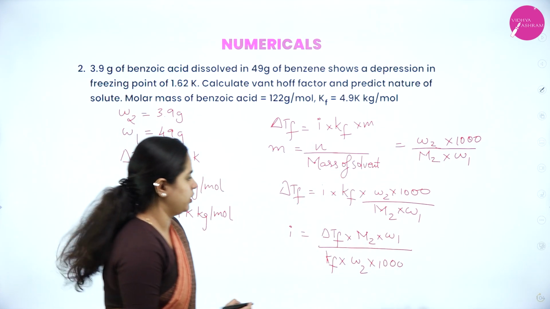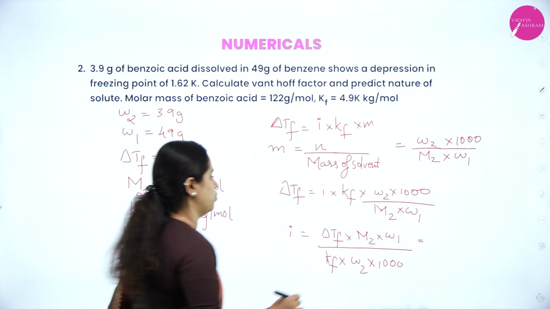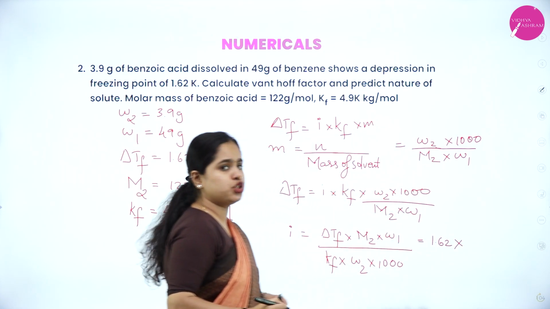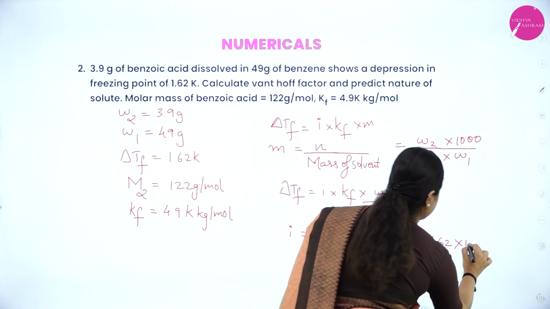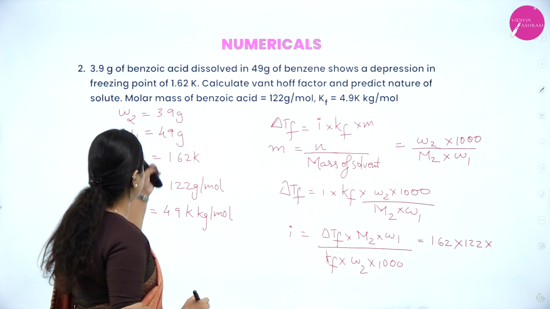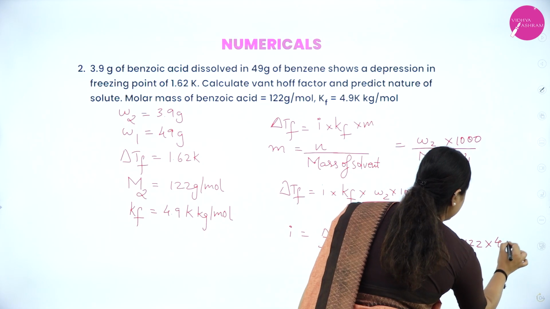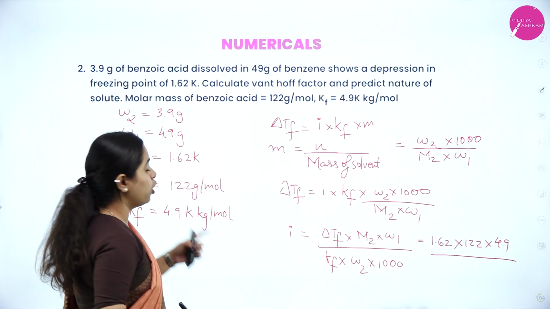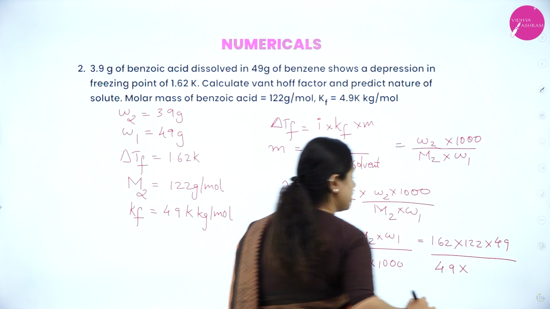So how can you calculate it now? What is delta Tf? Delta Tf value is 1.62. So 1.62 into, what is M2? M2 is the molar mass of the solute, given as 122, into W1. What is W1 here? The mass of the solvent is 49, divided by Kf. What is the Kf value? 4.9, into, what is W2?